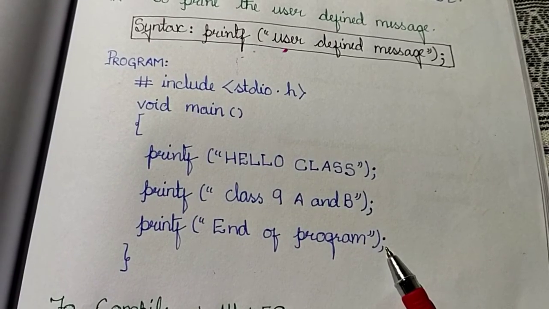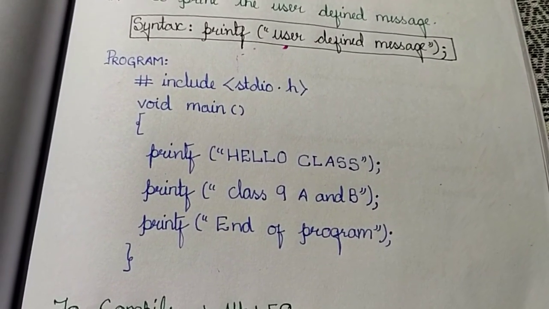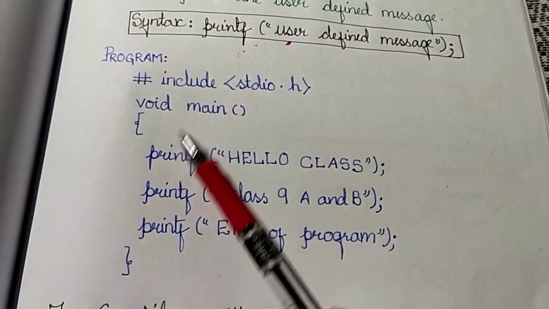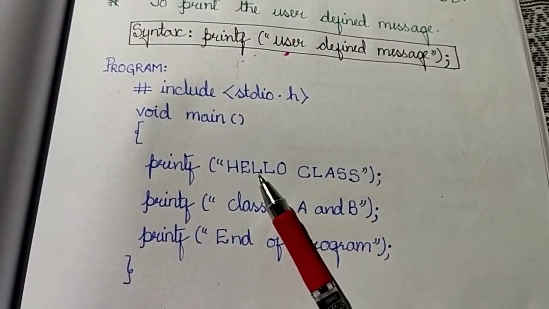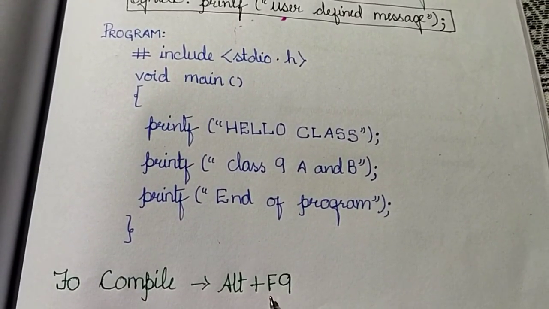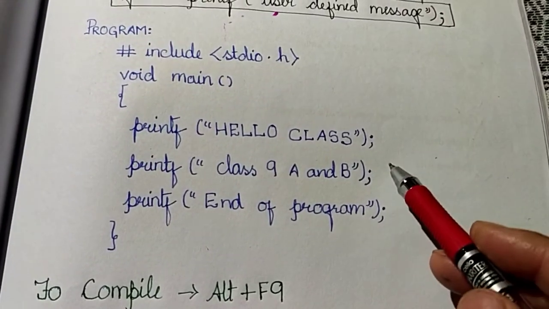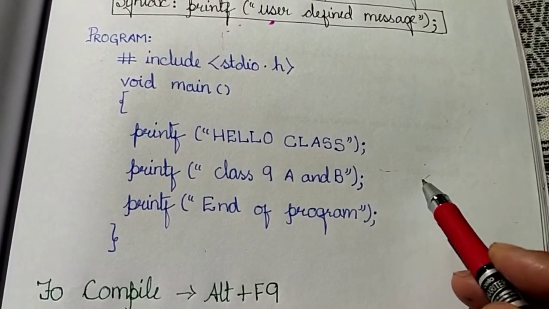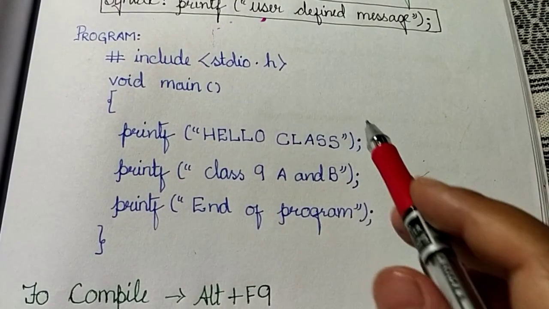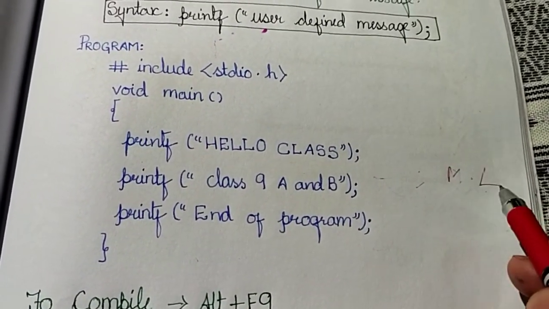Now after typing this program, first and foremost, you have to compile. To compile your program, you have to press Alt plus F9. I think all of you remember, compilation is the way that we translate this coding into machine language.